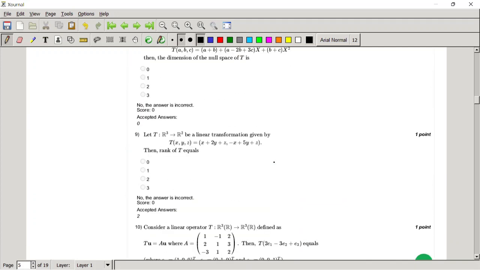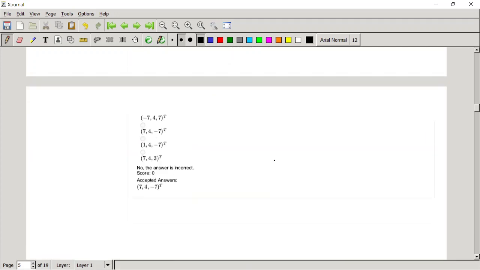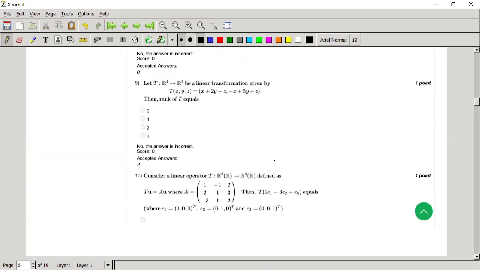Similarly, the remaining problems are also simple. By using the definition of linear transformation for this 10th problem, by writing the linear combination, by the definition of T, we can write this is equal to 2 times this element.